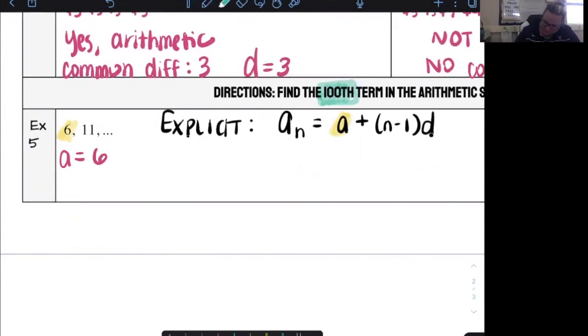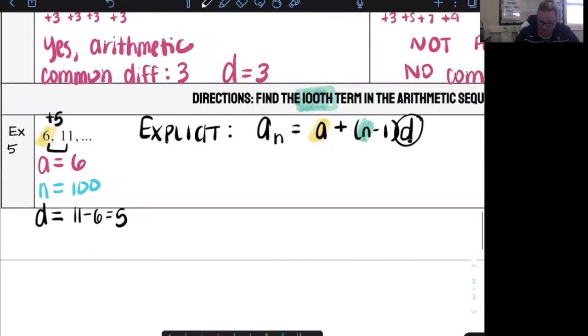N is the term you're looking for. We're looking for the 100th term, so n is 100. Then we need to find d, our common difference. Take the first two terms and subtract them. To get from 6 to 11, I would add 5. So d is equal to 5.